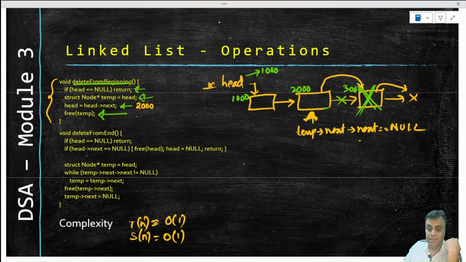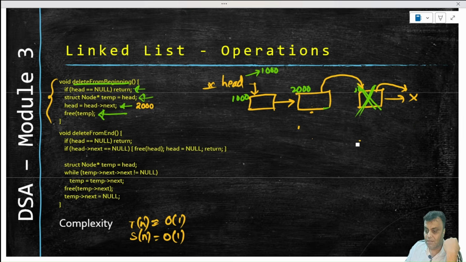So let us see the code in action. Let us start clearing this out, and make you understand how this is going to behave. So this is the last node, and we will just delete these lines just to make sure you understand. This is the starting point and this is my 3000.